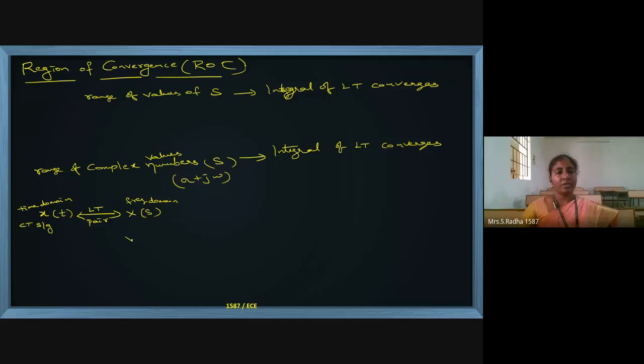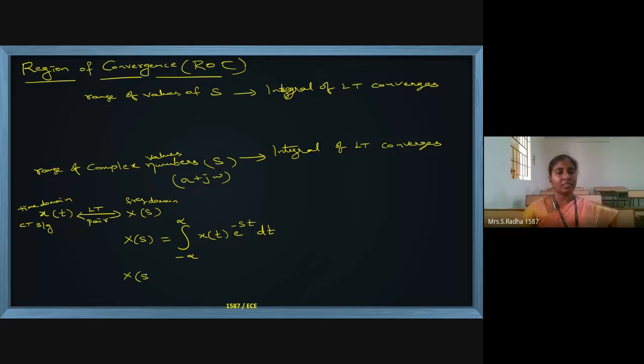Now when you want the frequency domain, the formula is minus infinity to plus infinity, signal into e power minus st dt. You have the integral values on both sides, positive and negative values. These are the values for t.